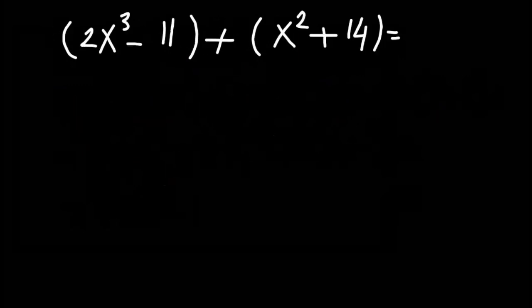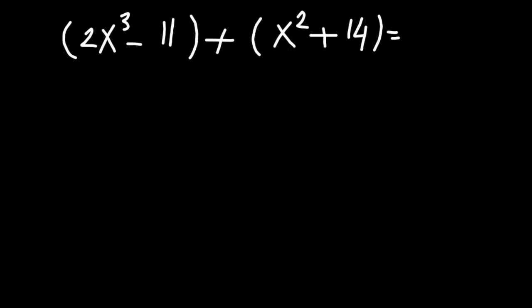Let's see this example. We have 2x cubed minus 11, and the other polynomial we have x squared plus 14. Again, we are trying to combine like terms. First of all, I'm going to check the 2x cubed. There's no other x cubed in the other polynomial, or any of the other terms, so I'm going to keep it by itself. So it's 2x cubed. I'll close the bracket, plus open a new bracket.